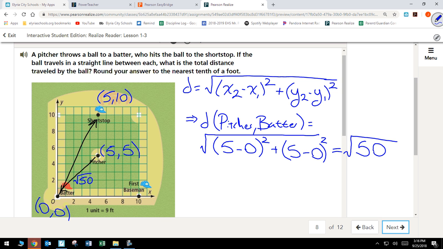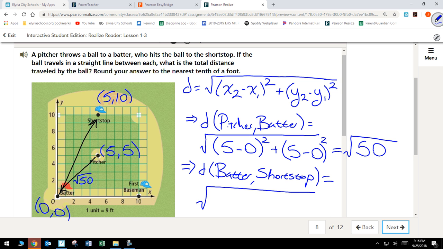Now I need to know the distance from the batter to the shortstop. So the distance between the batter and the shortstop can be found with the distance formula. Again, plugging in those x values, I have 5 minus 0 squared for my two x's.